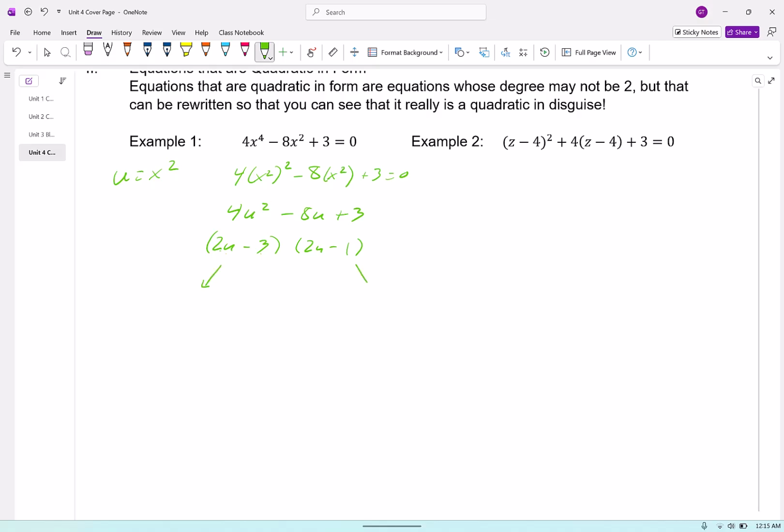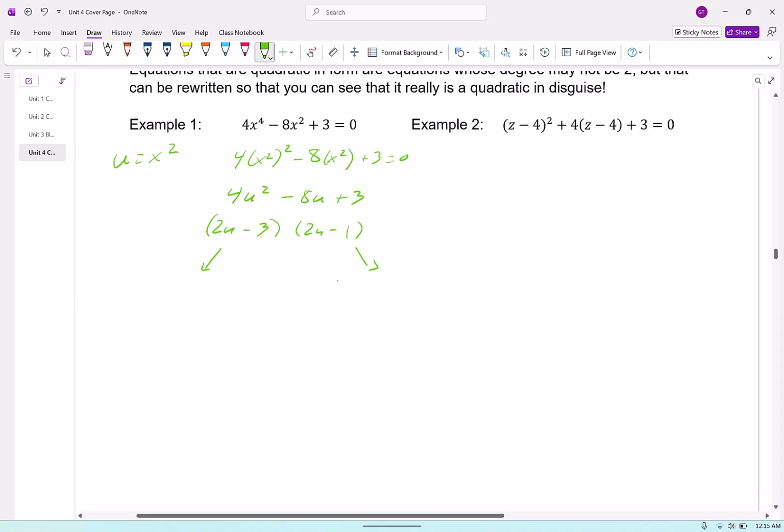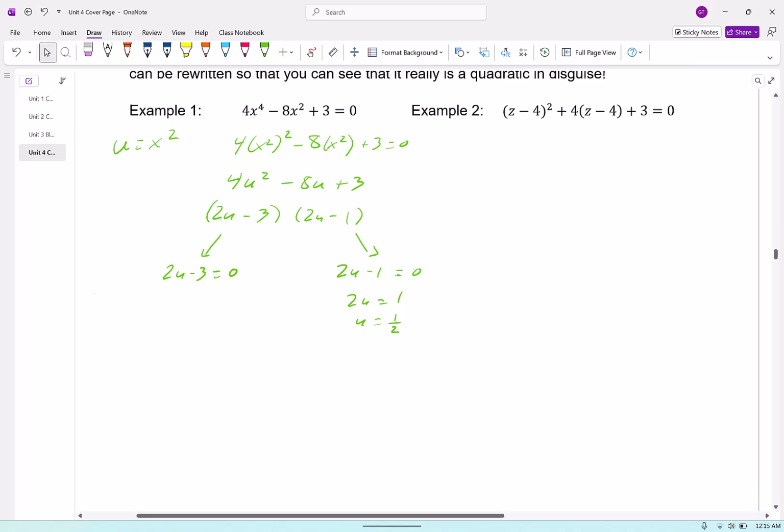Okay, so now I'm going to set this equal to 0 and rearrange. So I got 2u equals 1, u equals 1/2. I got 2u minus 3 equals 0, and so I end up with u equals 3 over 2.